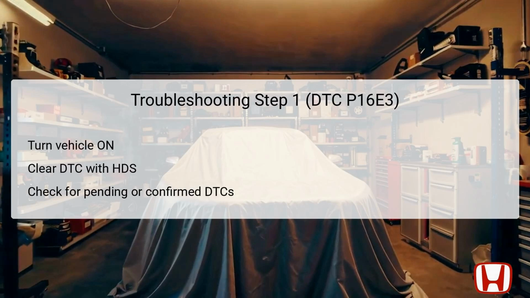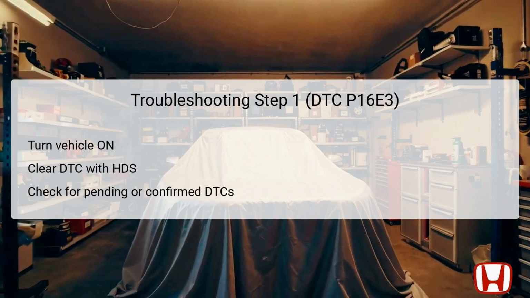In step 1 of the troubleshooting process for DTC P16E3, the first action is to turn the vehicle to the on mode. This is done to initiate the vehicle's electronic systems and allow for diagnostic operations. Next, use the Honda Diagnostic System, HDS, to clear the DTC and wait for approximately 5 seconds.